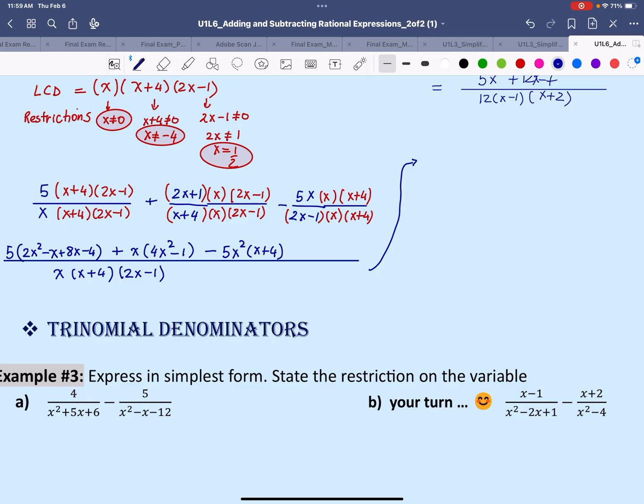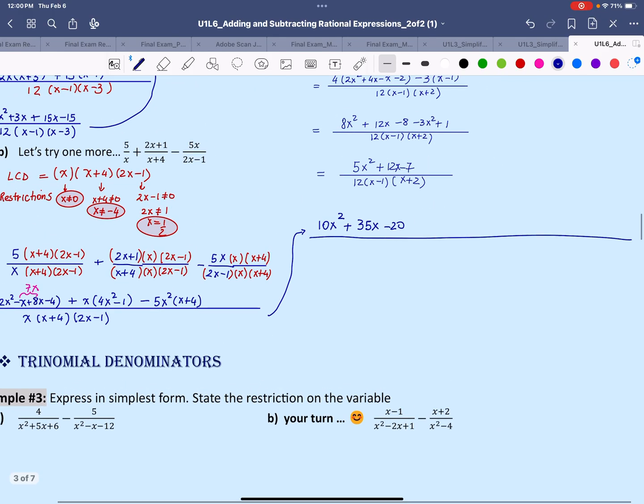Remember, negative x plus 8x, that's a 7x. Just to save a little bit of time, I'm going to show that in there. So we have 10x to the power of 2. And then 5 and 7x, 35x. And then 5 and negative 4, negative 20.